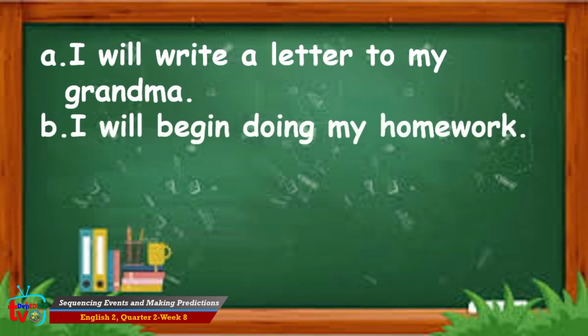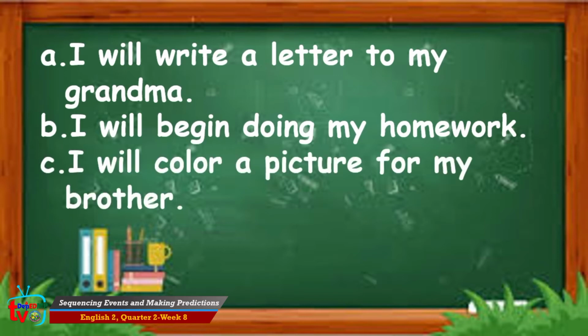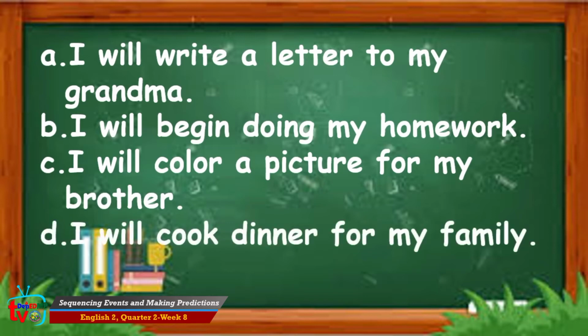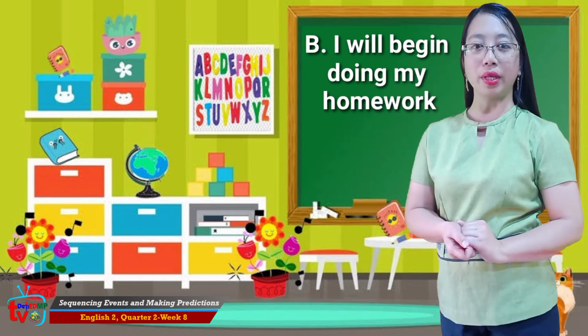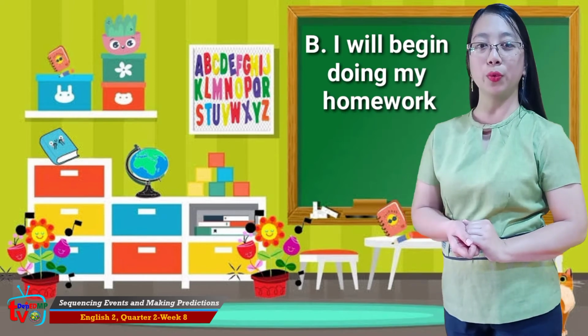Letter B, I will begin doing my homework. Letter C, I will color a picture for my brother. And letter D, I will cook dinner for my family. The answer is letter B. I will begin doing my homework.